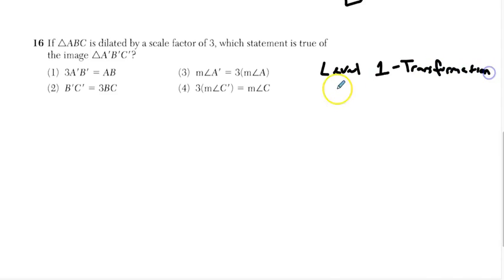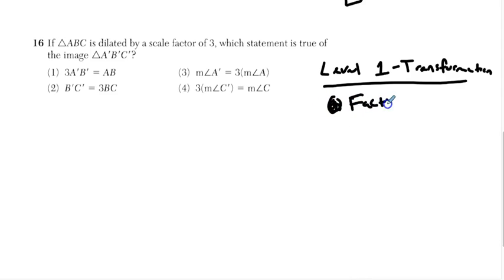And what we know about dilations, there's a lot of facts about dilations that should come up in your brain. Let's write down some things we know about dilations. Facts about dilations.